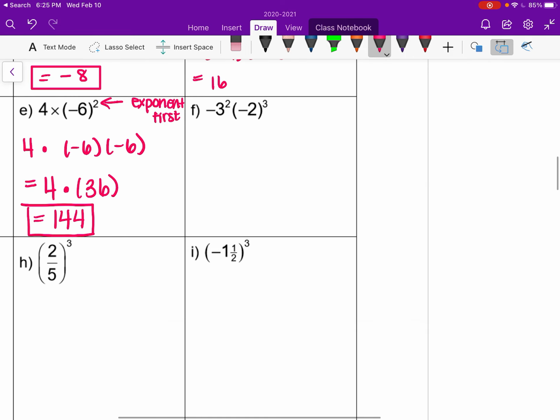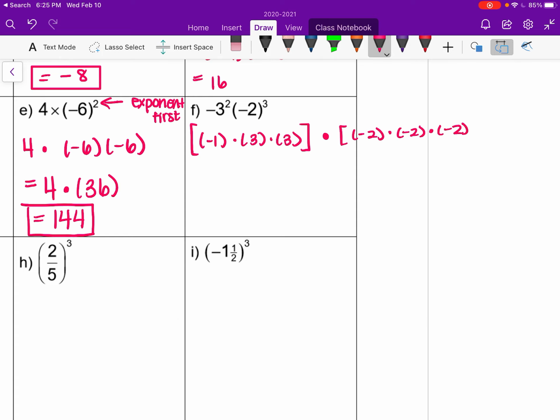So then I have negative 3 squared times negative 2 cubed. So let's do our negative 1 times, and I'm just going to put this in a bracket because that's what we got to do first, right? Our negative 1 times 3 times 3, right? And then we have that multiplied by our negative 2, and it's going to be in brackets, negative 2 times negative 2.